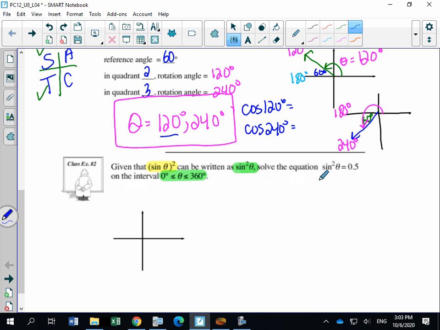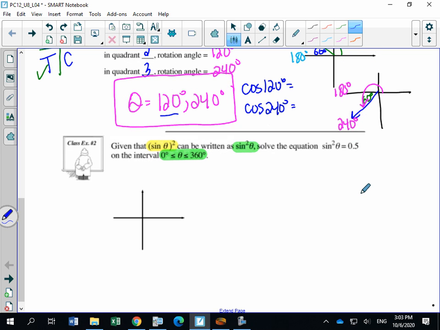Let's look at class example number 2. So we've never seen this written in 20-1. What they've given us is what they want you to realize, so I've got this highlighted: if you see the sine of theta squared, how that could be written is sine squared theta.